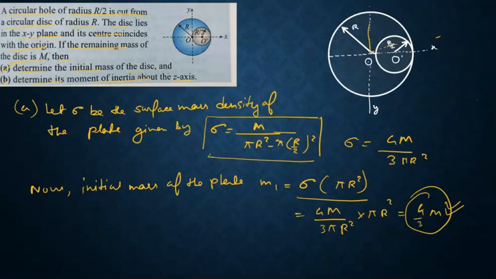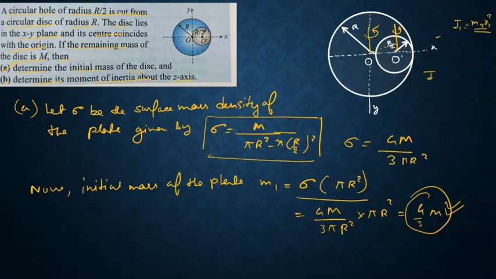This is the desired axis, and the moment of inertia about the axis passing through the center of mass of the smaller disk is IC equals m2 r2 square by 2, where r2 equals the radius of the small disk.